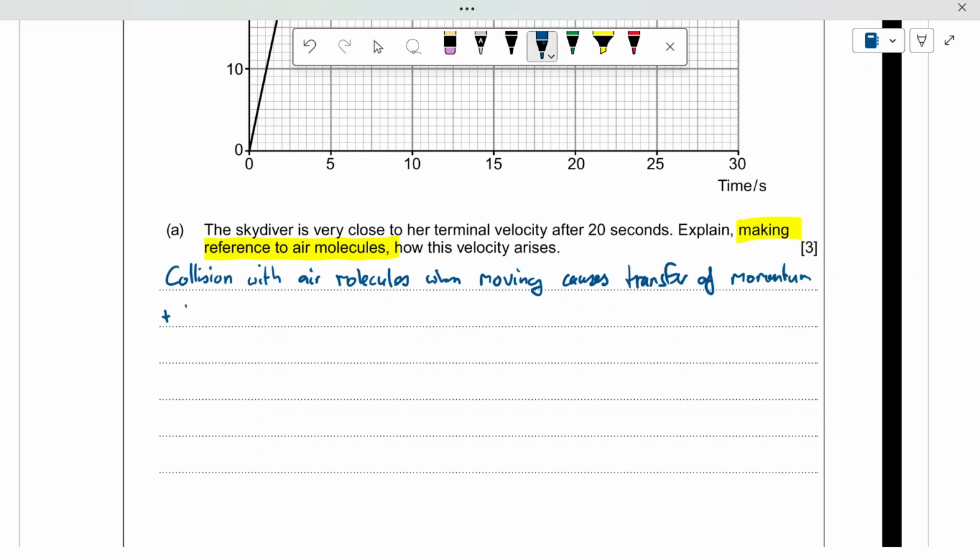And hence drag force. I'm going to make some sort of reference to the idea that the faster I move, the larger the drag force. And possibly even some reference to why.